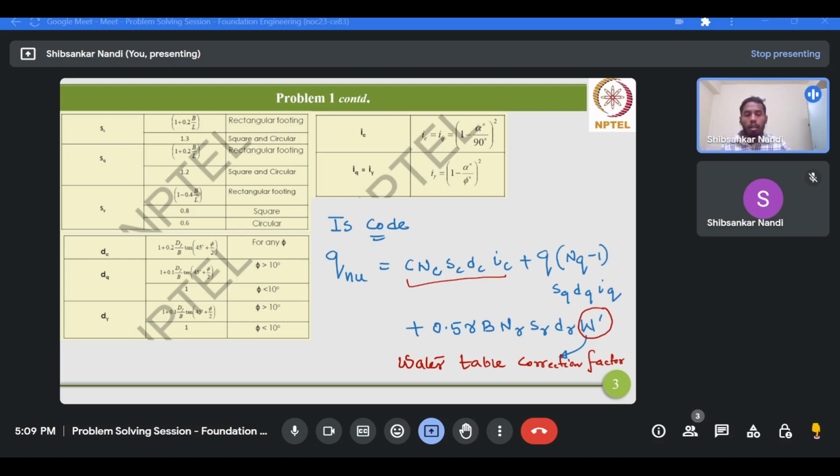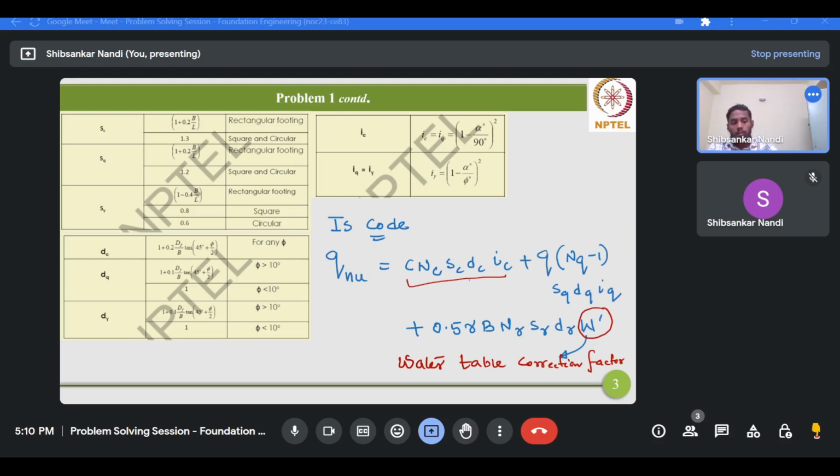Now apart from this W prime, I hope all the entities involved in this equation are directly given to you. Like cohesion c, Nc, Nq, N gamma are the bearing capacity factors, then sc, sq, s gamma are the shape factors, dc, dq, d gamma are the depth factors, and ic, iq, i gamma are the inclination factors, where B is the width of the footing and gamma is the unit weight of the soil.